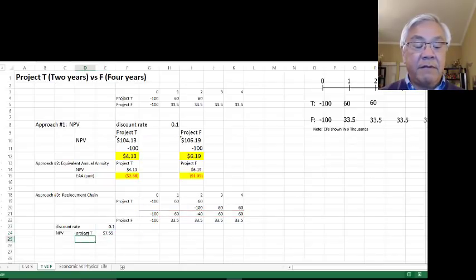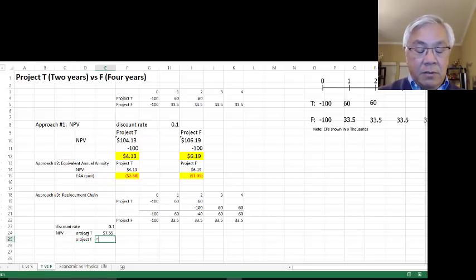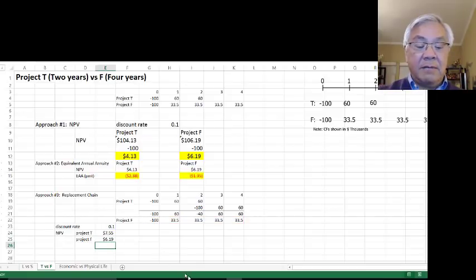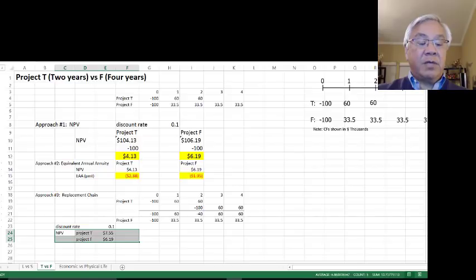So it's $755, and project F equals NPV, open parens, the rate, comma, and now we go years 1 through 4, close parens, take into account the dollars spent, and it's $619. We've seen that number before above, but to put it side by side.